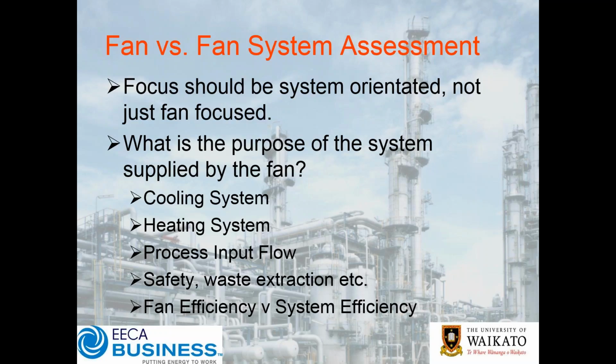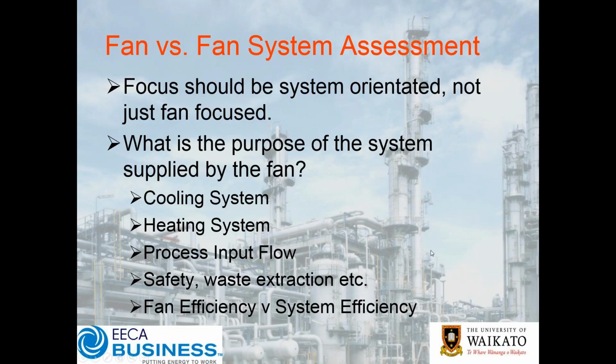Changing your input temperature, your input humidity, and a number of other process variables can have a much more significant impact on the efficiency of your system in relation to just the efficiency of your fan, i.e. the efficiency of converting your electrical motor power into the dynamic power of air motion in terms of volume, flow rate, and pressure.